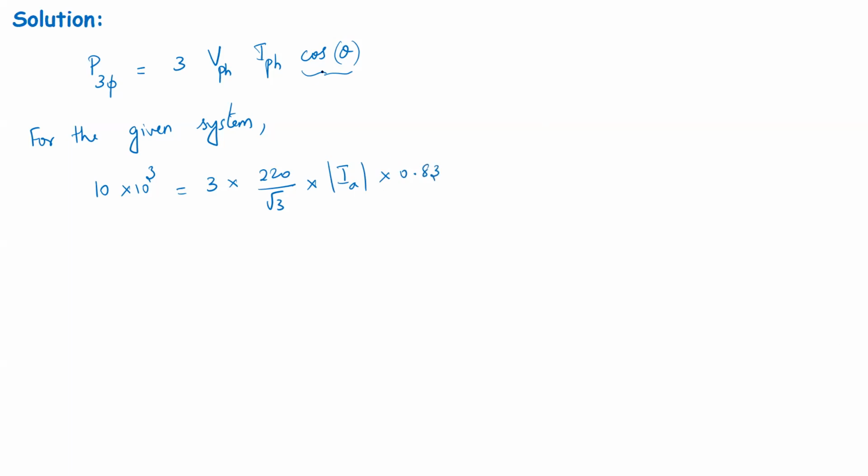Please note, power factor is just a magnitude, so here we are not bothered about whether it is lagging or leading. Solving this, I can get the value of IA: IA is 10 kilowatt divided by root 3 into 220 into 0.83.